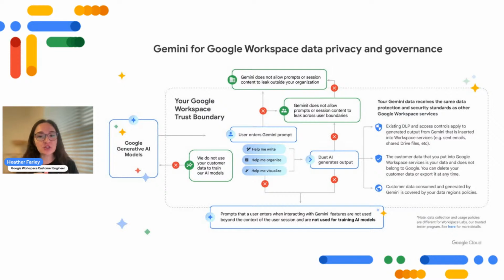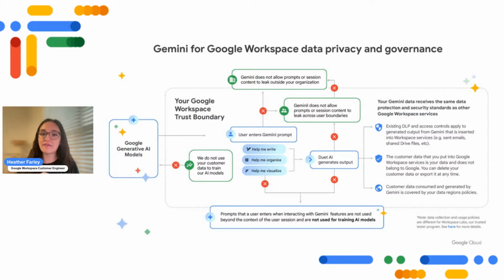Something that I mentioned earlier is there are not a lot of technical hurdles that you have to meet in order to deploy Gemini for Google Workspace. As long as you already have security standards in place to protect your other Google Workspace services, for example, having the correct access and permissions set up. Do you have data protection rules for your sensitive data?